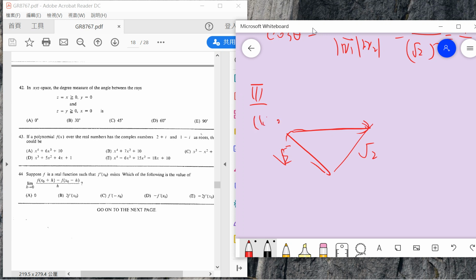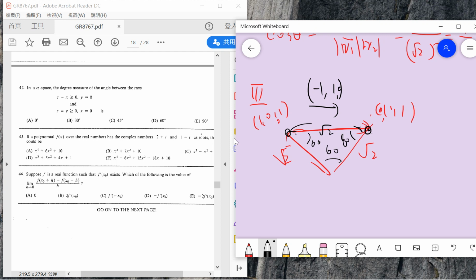Basically, this is 1 0 1, and this is 0 1 1. So this vector is minus 1 1 0. So the length from here to here is square root of 2. So this is an equilateral triangle. So each angle is 60.